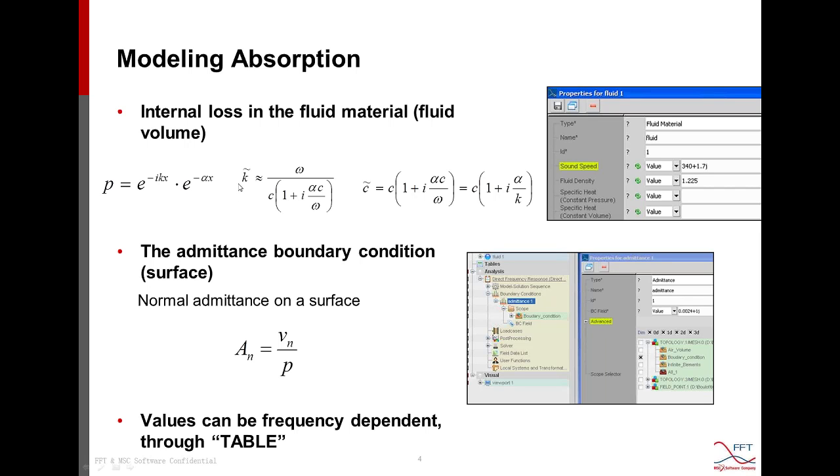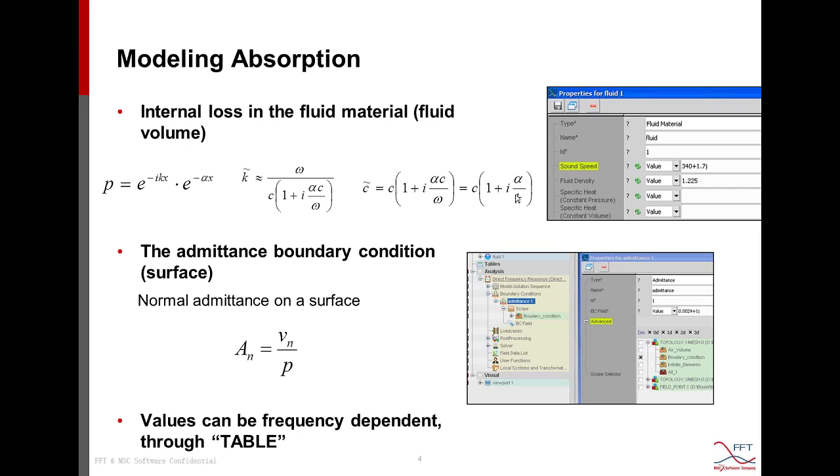So now we have this complex wave number, which has this relation with the speed of sound, and by writing the speed of sound in this shape, including the real part and the imaginary part, we reintroduce that internal loss through this imaginary part. So this should be the most basic way to introduce damping in the cavity.